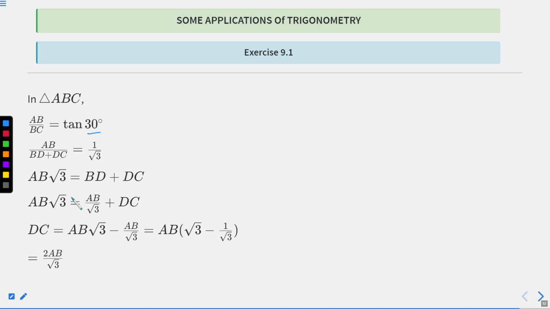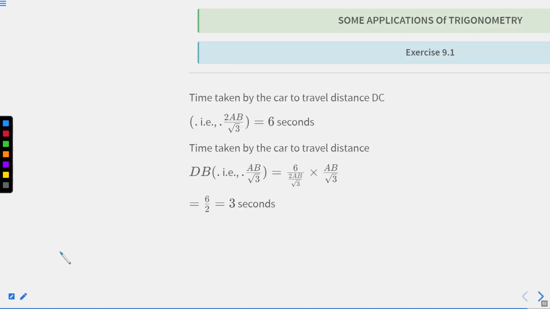So AB root 3 is equal to AB by root 3 plus DC, and it implies DC is equal to AB times root 3 minus AB by root 3, that is equal to AB times (root 3 minus 1 by root 3), and this is equal to 2 times AB by root 3. So DC is equal to 2 times AB by root 3.